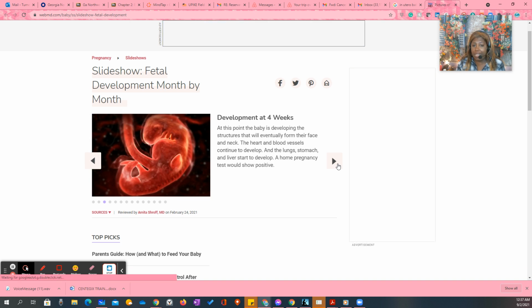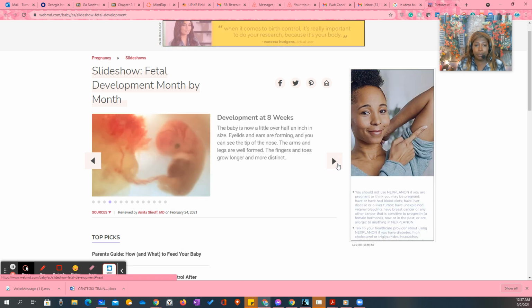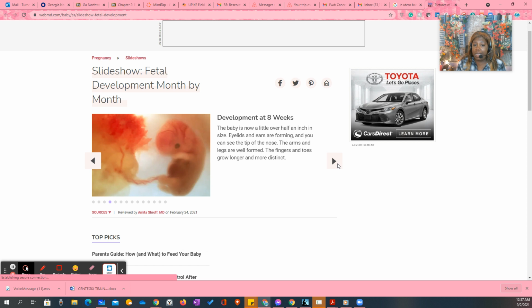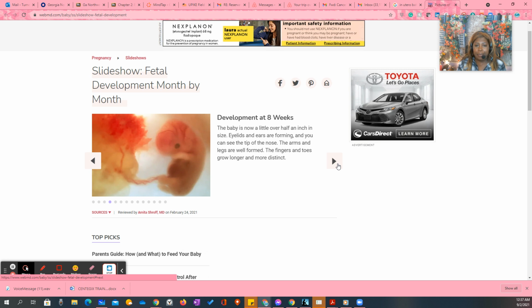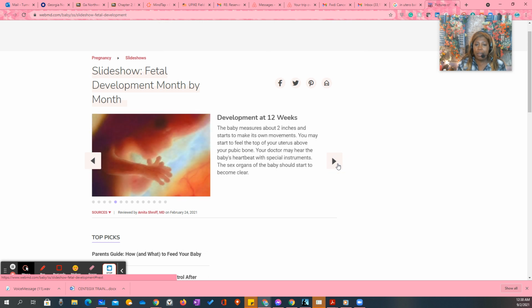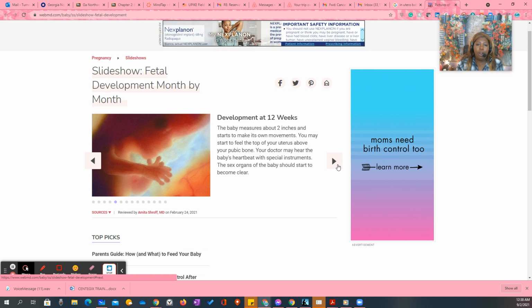At 4 weeks, the heart and the blood vessels continue to develop. At 8 weeks, that's 2 months, the baby is a little over an inch and a half. At 12 weeks, this is the end of that first trimester. Your doctor can hear the baby's heartbeat with special instruments. The sex organs of the baby should start to become clear.